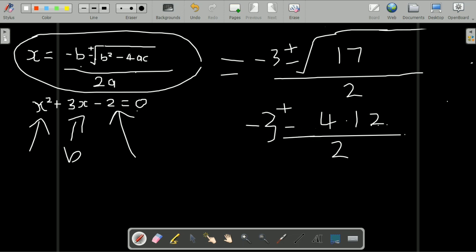So our next step is we are going to try out both the signs with our negative 3. We either do negative 3 plus 4.12 out of a 2, or our next optional answer will be negative 3 minus 4.12 out of a 2. So that is it. So we continue.